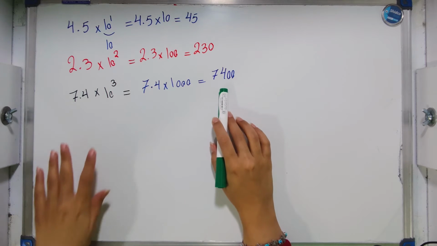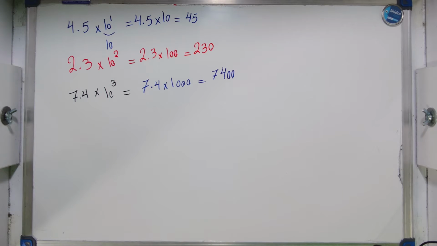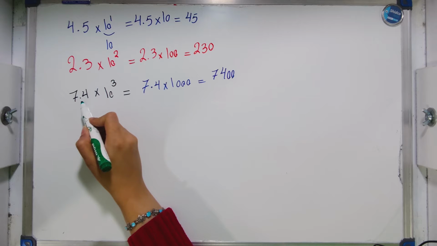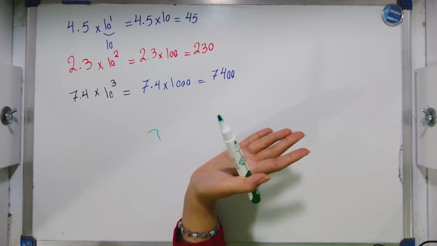So, if you compare the answer here and this multiplication here, you can see that I have moved the point by 3 digits to the right.